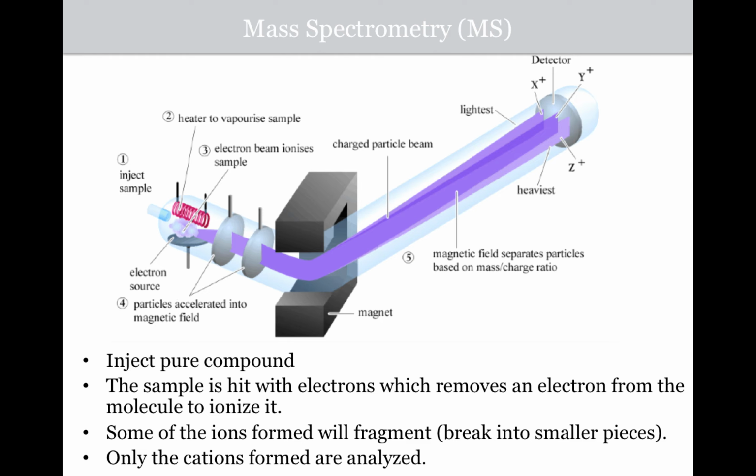So before starting how to analyze the mass spec data, I'd like to show what's happening behind the scenes. We inject the pure sample into the instrument, like we did last week when we were using GC. Gas chromatography was actually fused with mass spectrometry in our lab, so both of them were happening at the same time last week.